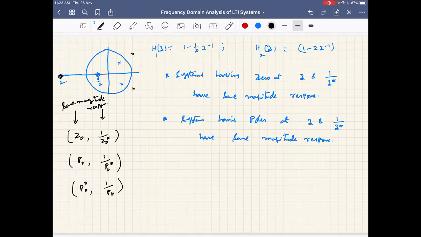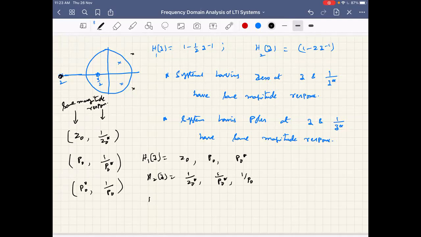You can select h1 of z having z naught, p naught, and p naught star. That is one possibility. h2 of z, as we have seen, has 1 by z naught star, 1 by p naught star, and 1 by p naught. This is another possibility.